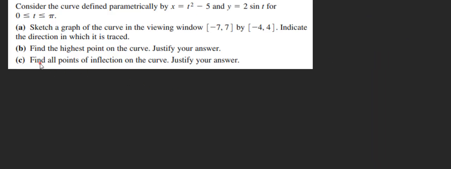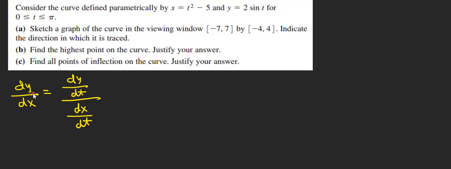Now, part C says find all points of inflection on the curve. Justify your answer. So in order to find the points of inflection, we have to find the second derivative of the parametric. In order to find the first derivative, dy over dx will equal dy over dt over dx over dt.